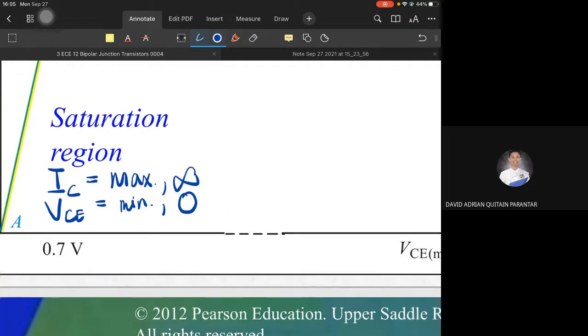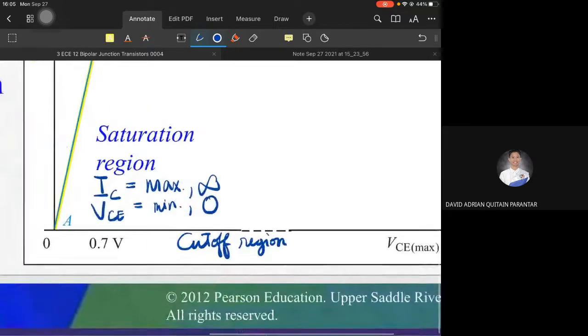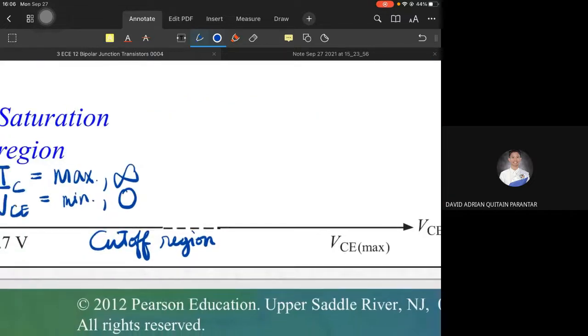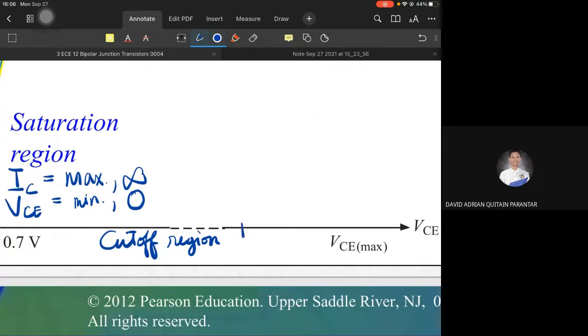The partner of the saturation region, which is not drawn here for some reason, should be the cut-off region. If the saturation region is to the left of the active region, the cut-off region is below the active region. It is characterized by the inverse properties of the saturation region: IC is 0 and VCE is maximum.